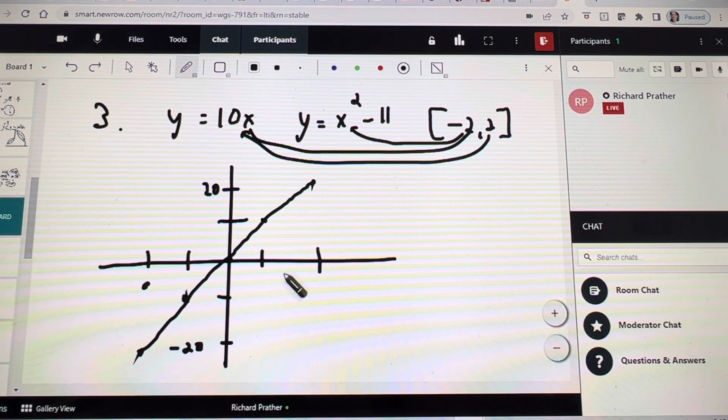If I plug in 0, it's -11. And then the other side gives you the same two values as the right side did. So you got this quadratic parabola. It looks really wide just because the line has been zoomed out to intervals of 10s instead of 1s.